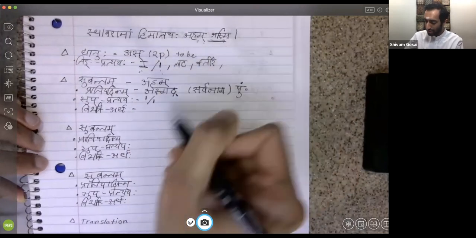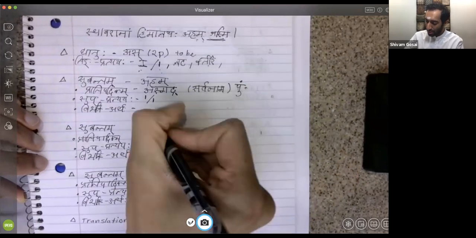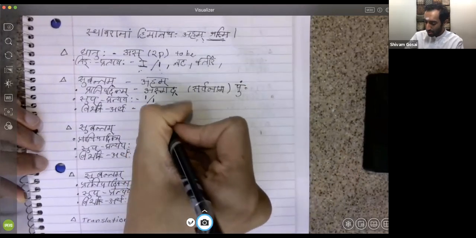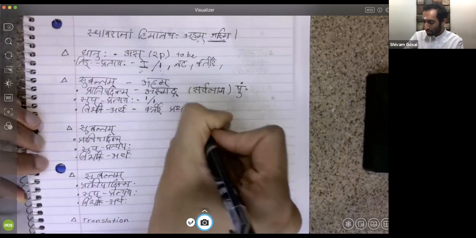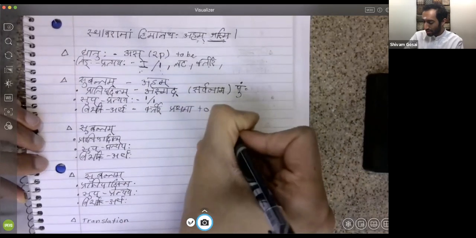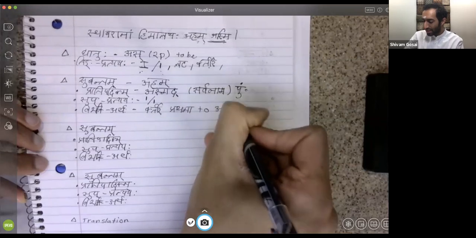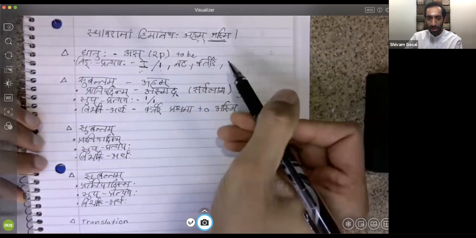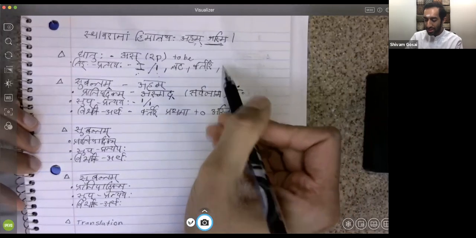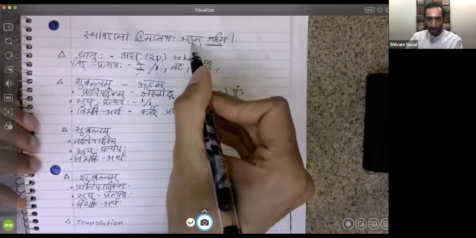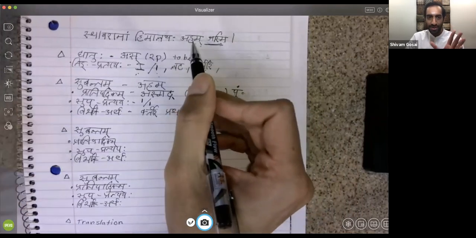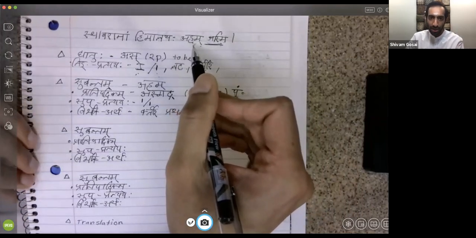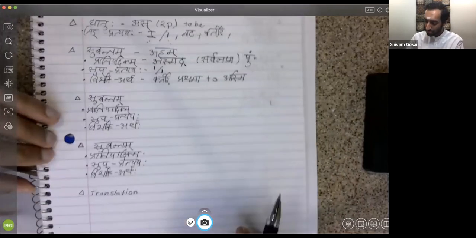So we know it's kartri prayoga, and we know it's kartri prathama. So whenever you see asmi or bhavami, you can very safely supply aham, even if it's not written there.